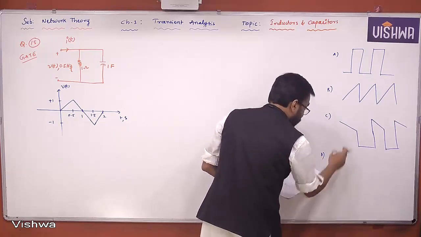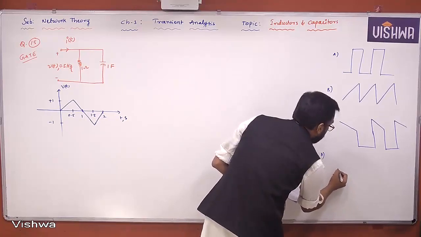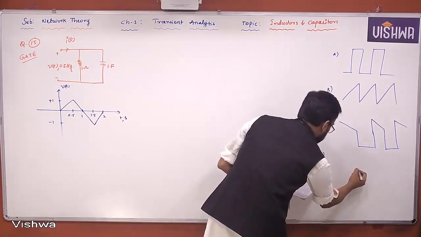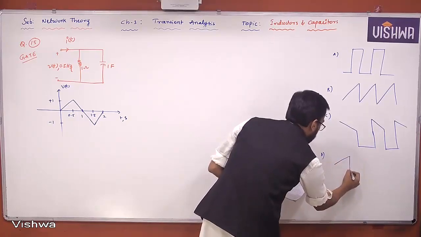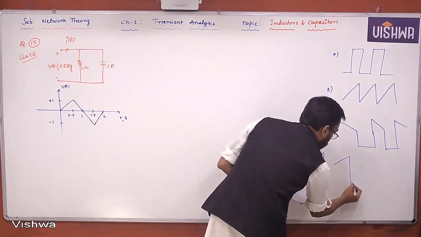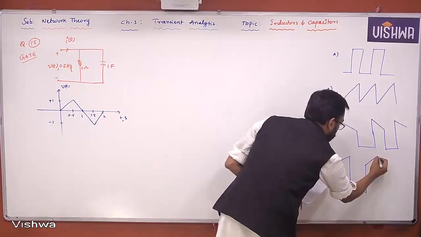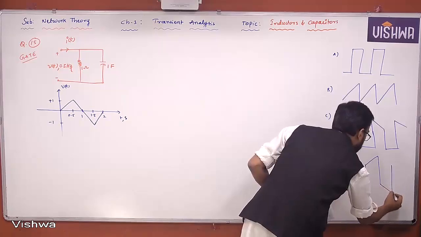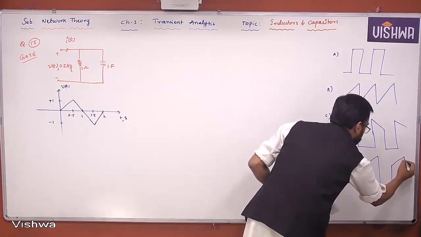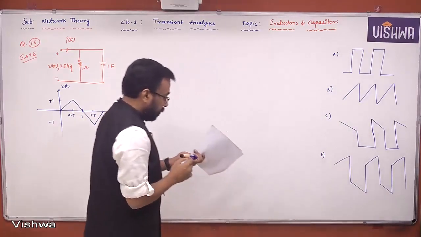It looks the same, but the only thing is this is decreasing and option D is increasing. Okay, something like this.